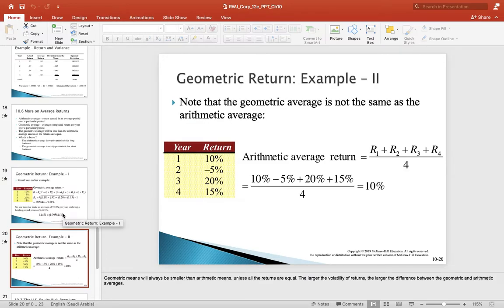As we have seen in the theory, the arithmetic average is simply averaging the returns: the sum of the returns divided by the number of years. The sum of the returns is 40%, divided by the number of years, 4, gives 10% as the arithmetic average.